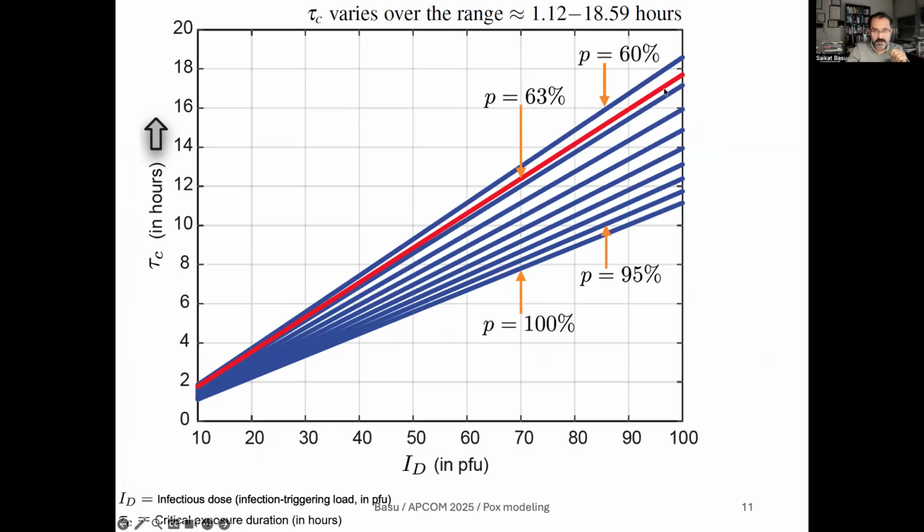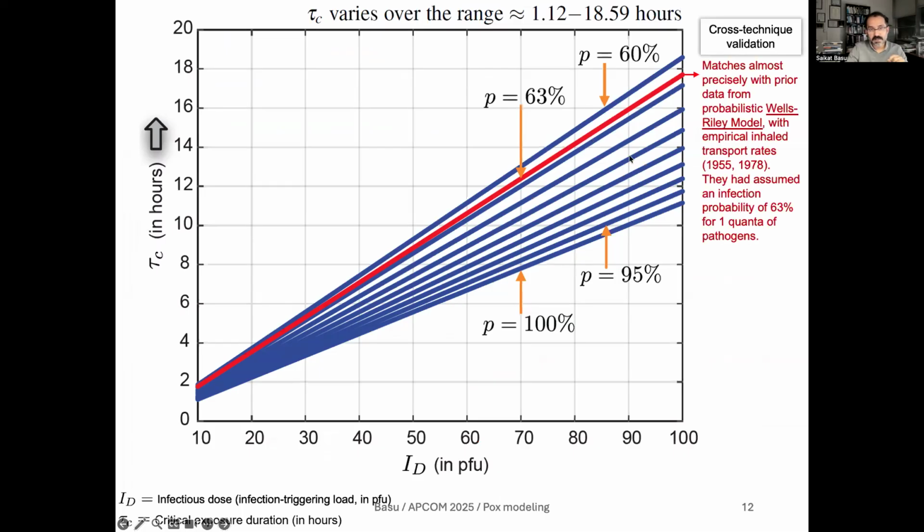Especially focus on this red trend line, which is for a p-value of 63%. This trend line gives tau C estimates that vary between around 1.8 hours to around 17 hours. And these numbers match almost exactly with previously known estimates for smallpox that come from the probabilistic Wells-Riley model for spatial transmission.